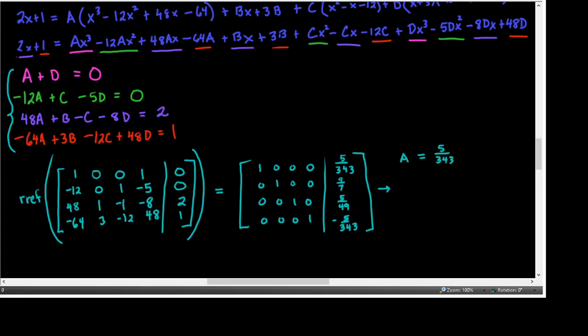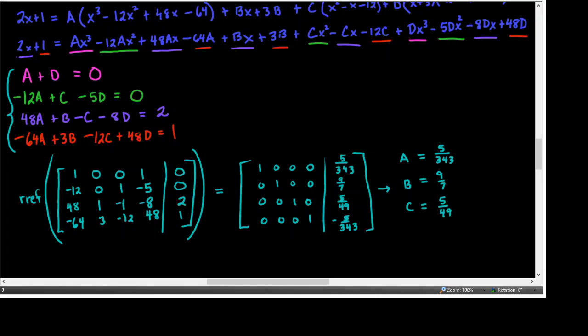The second row says 0a plus 1b plus 0c plus 0d equals 9/7. The third row says 0a plus 0b plus 1c plus 0d is equal to 5/49.